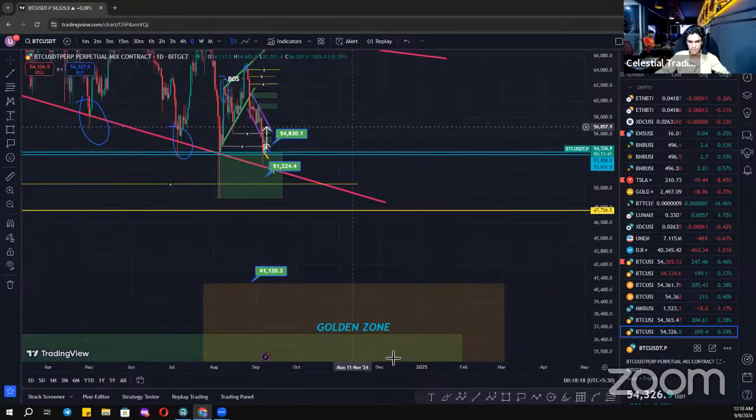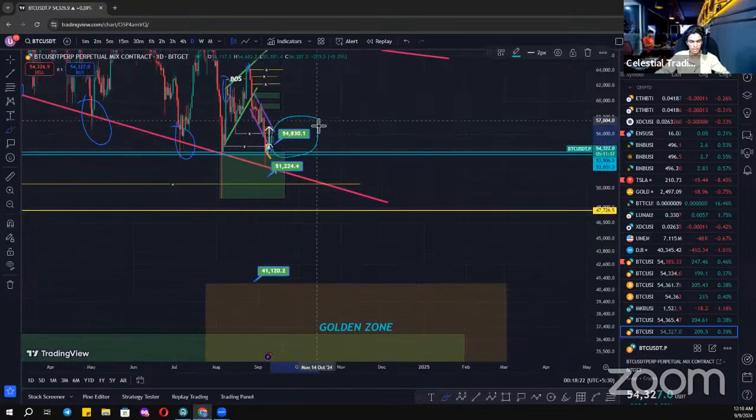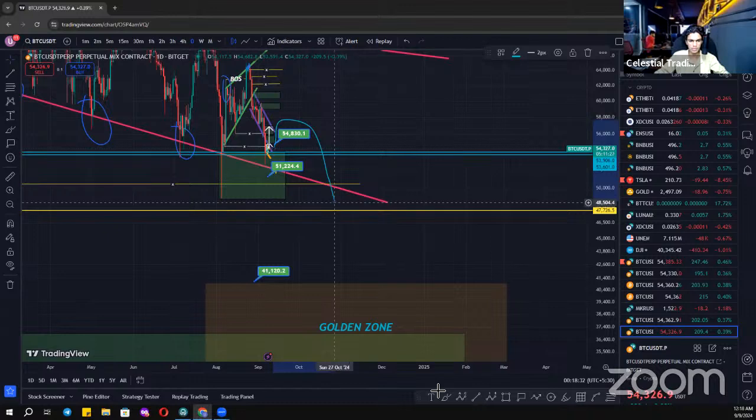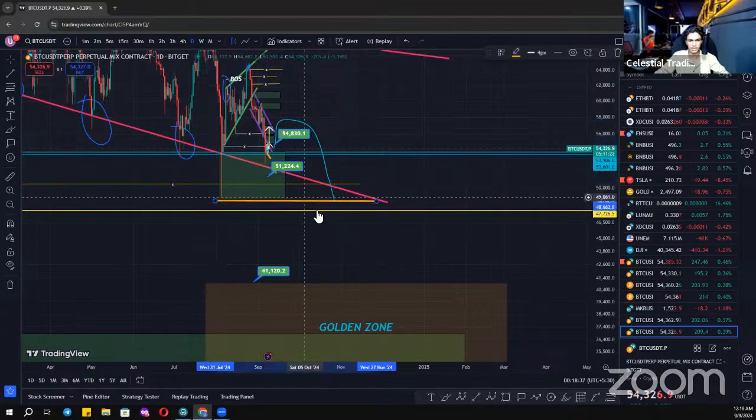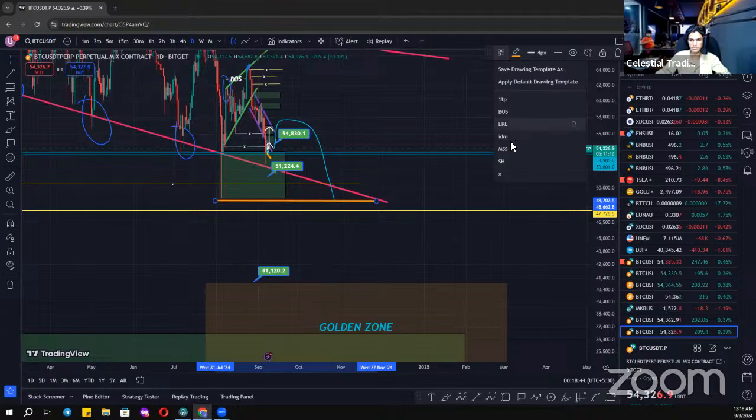The first target was reached. You can see the first target was reached, and we expect the market to pump over here, and the price may come, and we have huge stop losses here. You can see those who retest and enter, those who enter the third time, they're definitely going to get stop hunted.